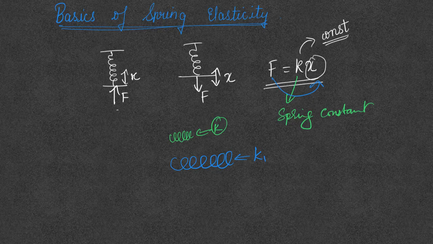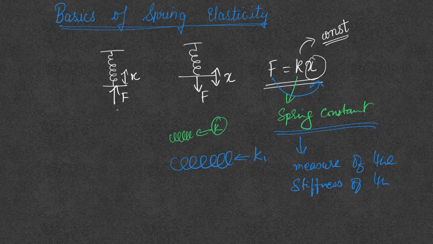So this K, which is also called the spring constant, is actually a measure of the stiffness of the spring. This is very important. K is nothing but a measure of the stiffness of the spring.